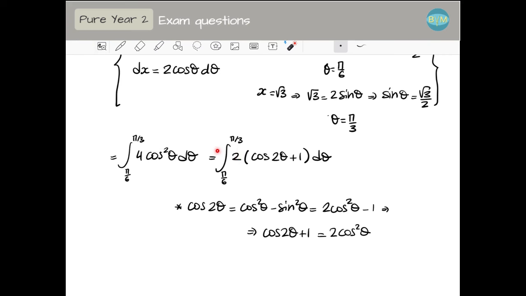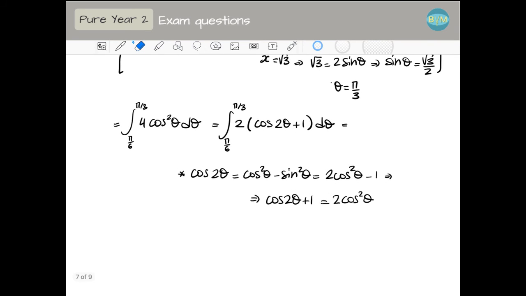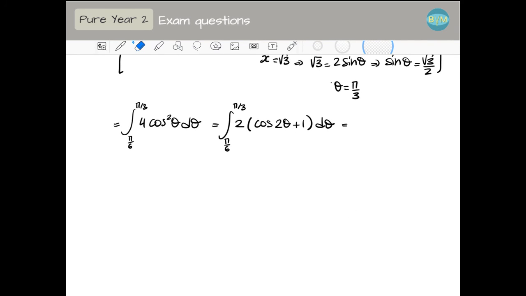So I can have the 2 outside, integrate cos 2 theta, integrate 1. So this is 2 times, the integral of cos 2 theta is sine 2 theta divided by 2, the integral of 1 is theta, and all goes between pi over 6 and pi over 3.